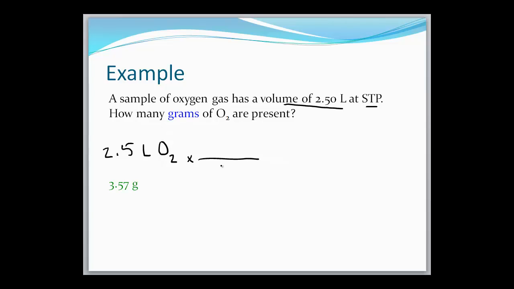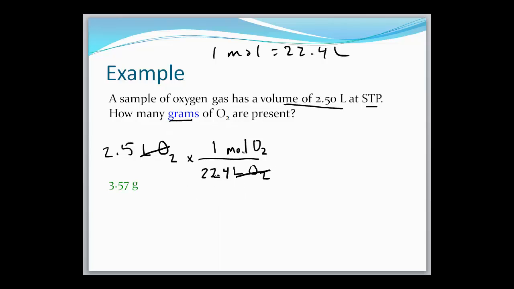Since we're starting with liters, we want to get rid of liters, so we're going to put that in the denominator. Now, since 1 mole is equal to 22.4 liters, we can say 1 mole of oxygen and 22.4 liters. That way our liters cancel.